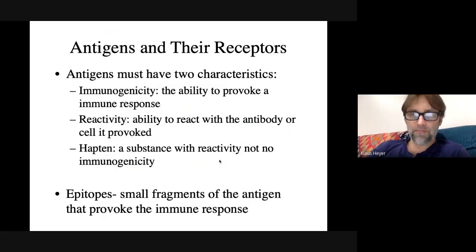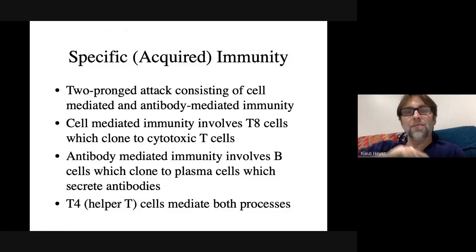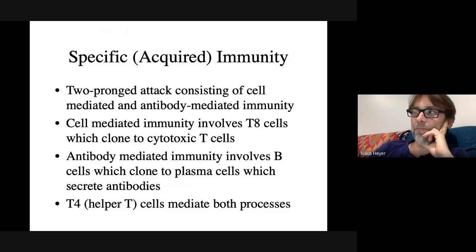So B cells will clone into a lot of plasma cells, and those plasma cells secrete antibodies. And then we had the T4 cell in the middle, releasing a chemical that's going to assist both the cell-mediated and antibody-mediated sides.